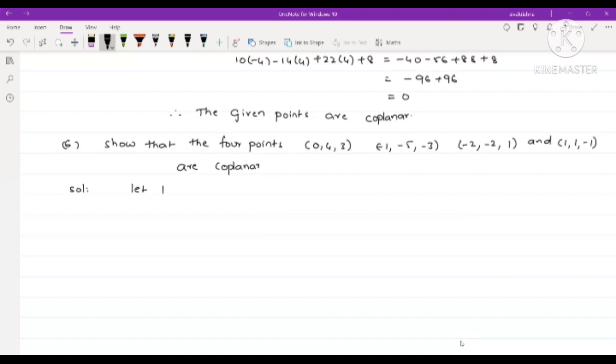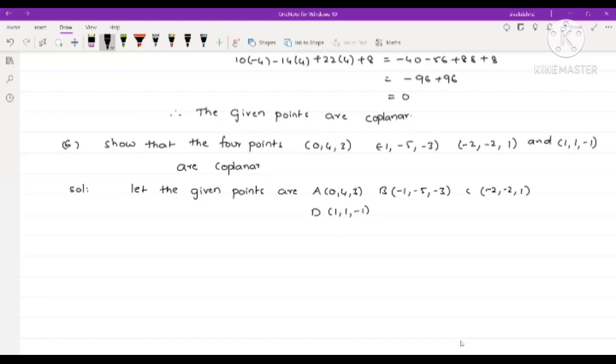Coming to the solution. Once again, let the given points be A (0, 4, 3), B (minus 1, minus 5, minus 3), C (minus 2, minus 2, 1), and D (1, 1, minus 1). These are the given 4 points. Now first we have to find the equation of the plane passing through 3 points.